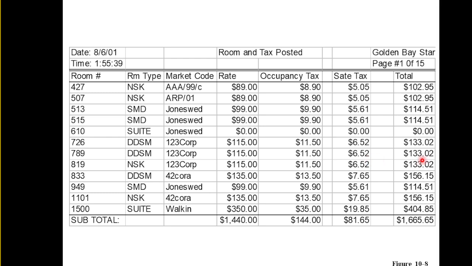Okay. So, an example calculation for this one. We have room number 427. Room 427, the rate is $89. Then occupancy tax is $8.90, and then we have the state tax of $5.05. So the total for this one is $102.95. Be sure to check here.